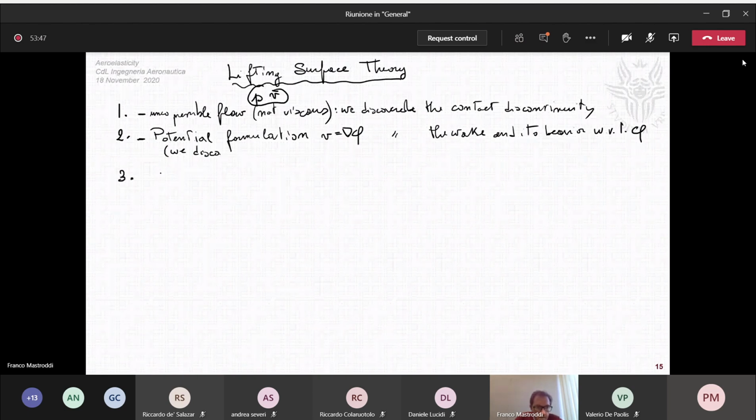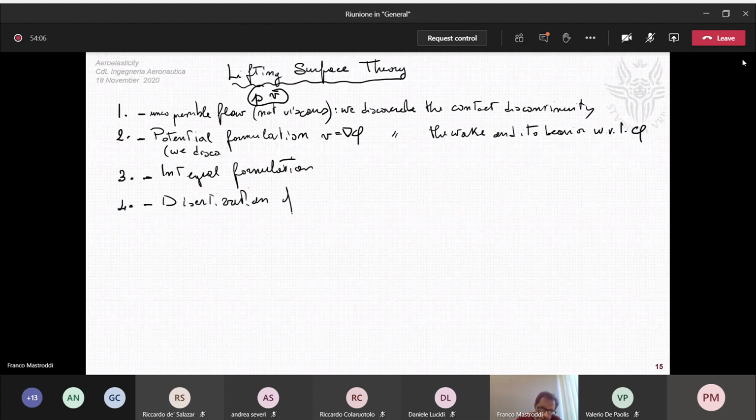Three, integral formulation. Four, discretization of the integral formulation, panel method.